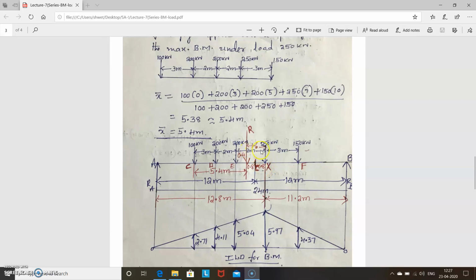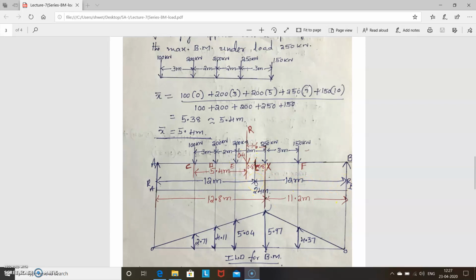The total distance is 1.6, so equidistant means 1.6 divided by 2, that is 0.8. So the center lies 0.8 from the resultant, and here also it is 0.8. Now mark the center point, the center of the span. The total span is 24, so the center is 12 meter this side and 12 meter this side.